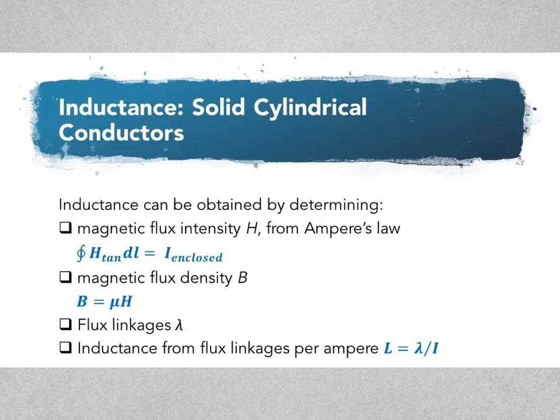So first thing is magnetic field intensity, which is determined from Ampere's law. And it is saying that the tangential component of the magnetic field intensity vector, H tan here, in this equation, integrated along a closed path, dl here, equals the net current enclosed by that path.